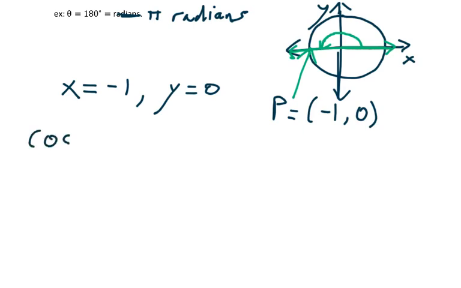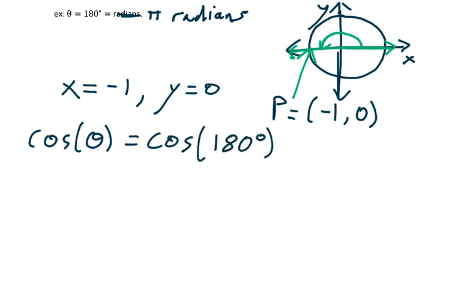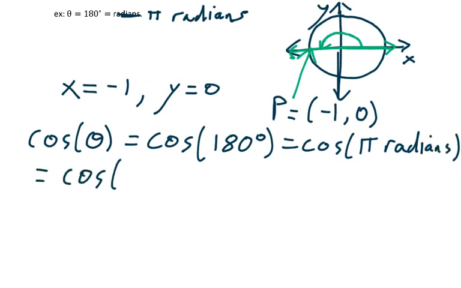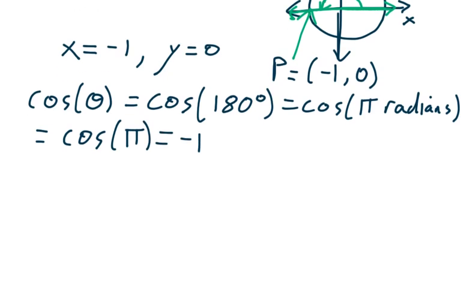Cosine of our angle theta, which is cosine of 180 degrees, cosine of pi radians, is equal to just cosine of pi, and that's equal to -1, because that's our x.